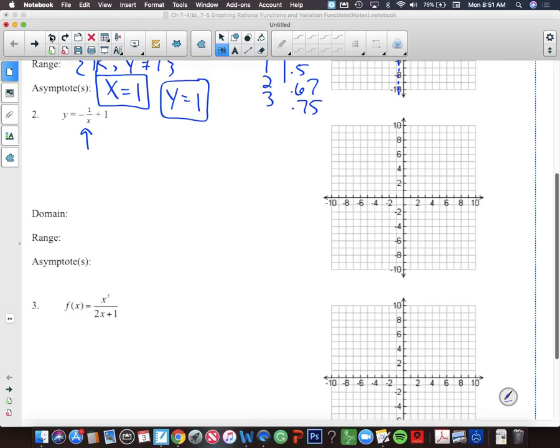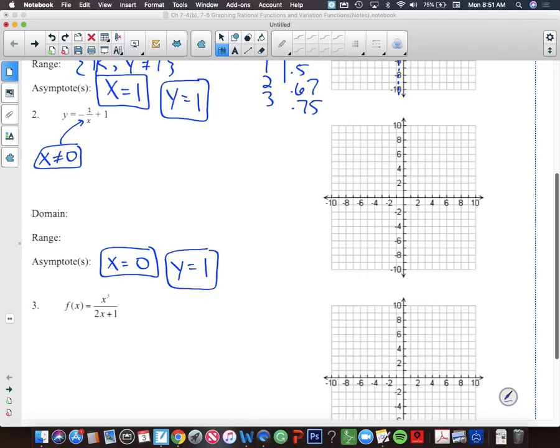So let's identify our asymptotes first. We know by looking in the denominator here that we get an x can't equal 0 restriction. And so that's an x equals 0 asymptote. And then remember we found the other one by looking at the back end. That's a y equals 1 asymptote.